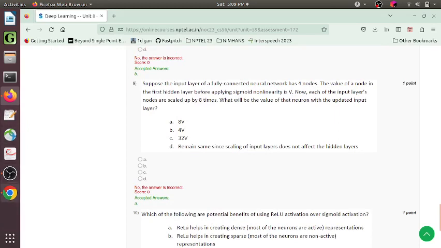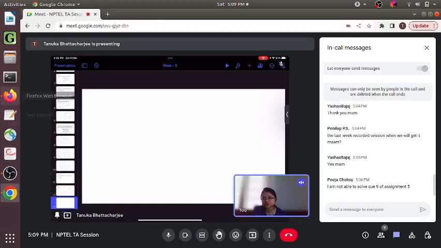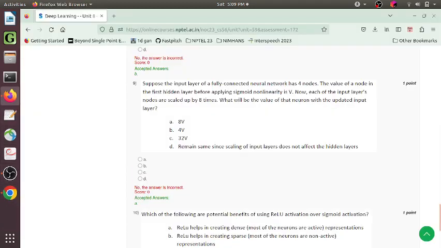So Pooja, are you talking about this question, that suppose the input layer of a fully connected neural network has 4 nodes? Yes, ma'am. Okay, let me just take the question. It's saying that suppose the input layer of a fully connected neural network has 4 nodes.